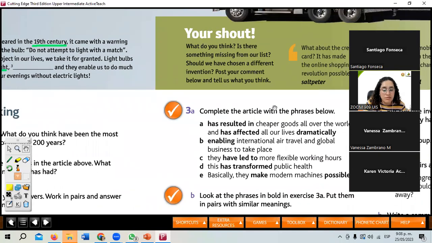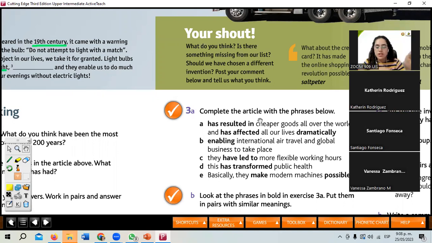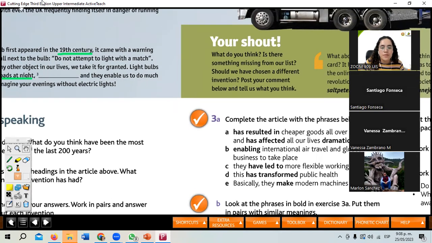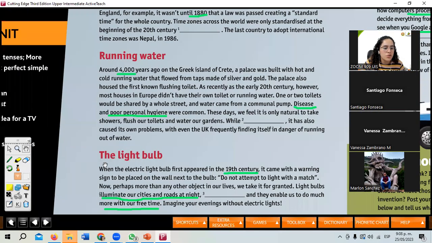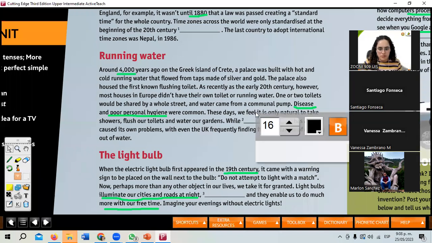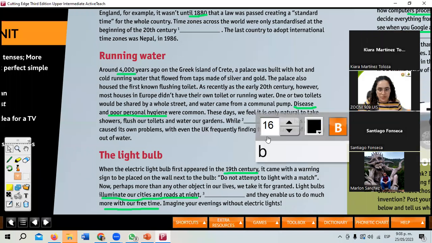I think it's B, enabling international air travel and global business to take place. This is because you standardize the time, so you can do international traveling and global business. I think the answer is B. Okay. All right. Do you agree? Yes, makes sense to me.